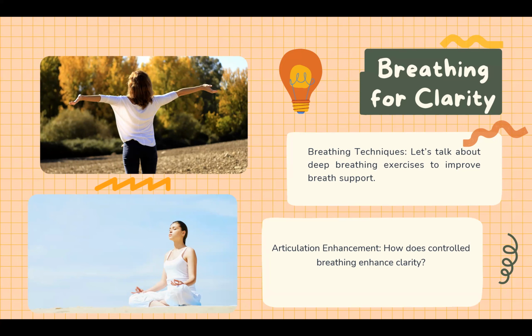However, if I'm only taking a shallow breath, and sometimes people can do this because of nerves. So if you're really nervous about something, you tend to take shorter, shallower breaths. And what that can tend to do is people will start speaking a lot faster because they want to make sure that they finish the sentence before they need to take another breath.